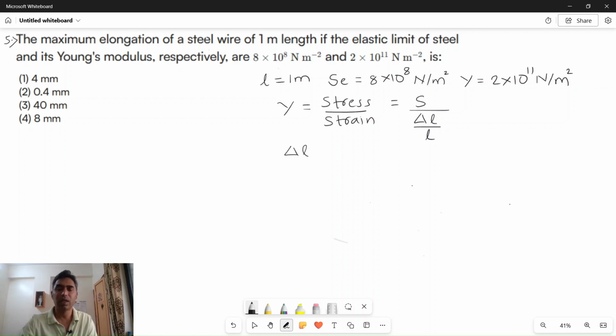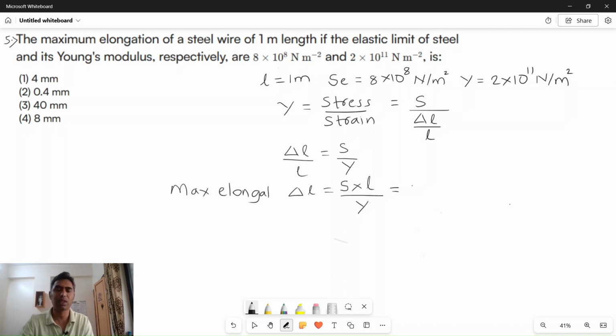So if you write delta L upon L will be equal to stress divided by Y. Okay, but we want elongation, so delta L is equal to stress into length upon Y. Now in the question maximum elongation is asked. Okay, so this stress will be nothing but, this will become the elastic limit stress, which is already given, elastic limit of steel. So for maximum elongation, this will be equal to elastic limit.